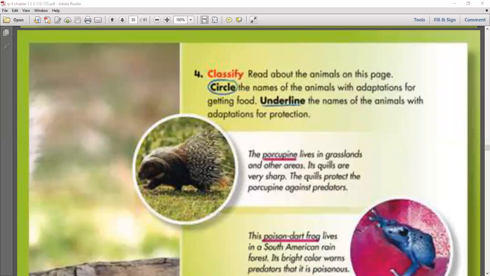Okay, excellent. So this animal has a technique for protection by these spines or hairs. It can help the animal to protect itself in its environment. Where does this animal live? Grasslands. Excellent. So this animal lives in grasslands.